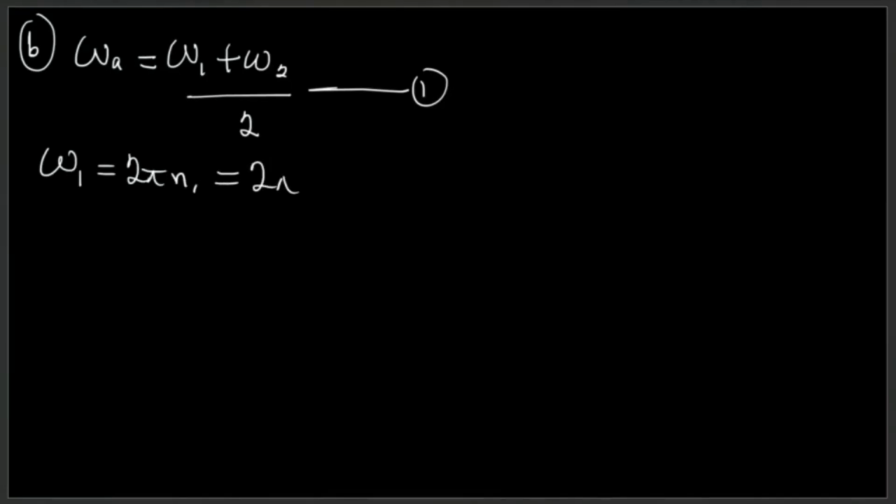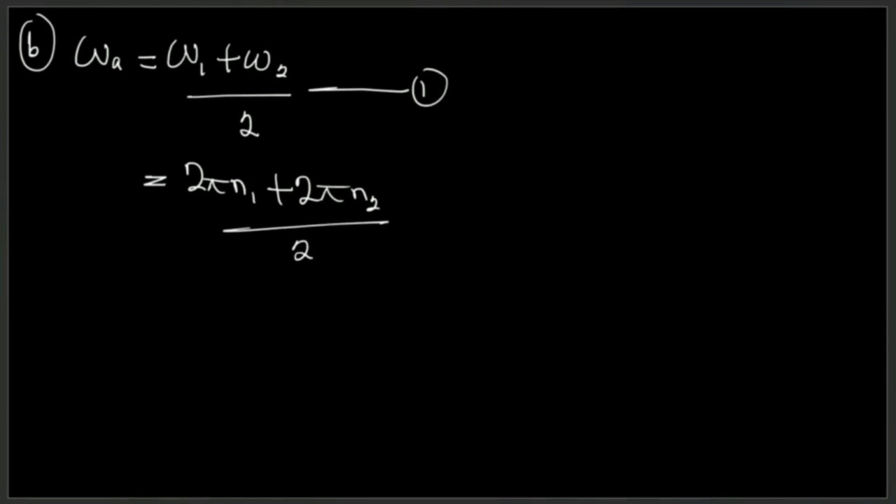Let's determine this. This is going to be 2 pi, the first one there, the initial, is 10. So we can just leave it. Let's just use the equation the way it is. The average angular velocity equals 2 pi n1 plus 2 pi n2, divided by 2.